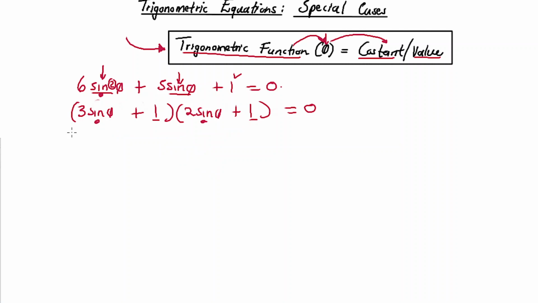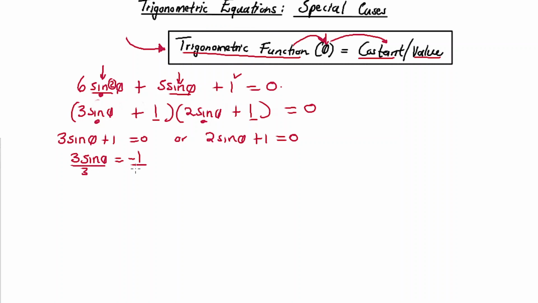Okay, so now using the zero factor law, I'm going to have 3 sine theta plus 1 equal to 0, or 2 sine theta plus 1 equal to 0. So the answer here is going to be 3 sine theta equal to minus 1. Remember, we have to isolate the trig ratio and equate it to some value.